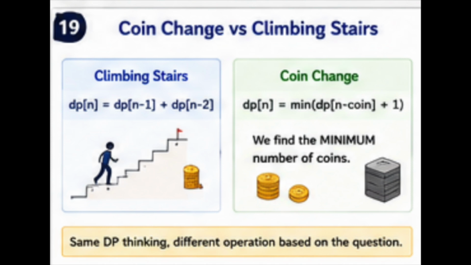Don't memorize dynamic programming formulas. Instead, understand what the problem is asking you to calculate. Are you counting? Then you might need addition. Are you finding the minimum? You may need the minimum formula. Are you finding the maximum? Then you will have to use math.max. The logic behind the state is what matters.